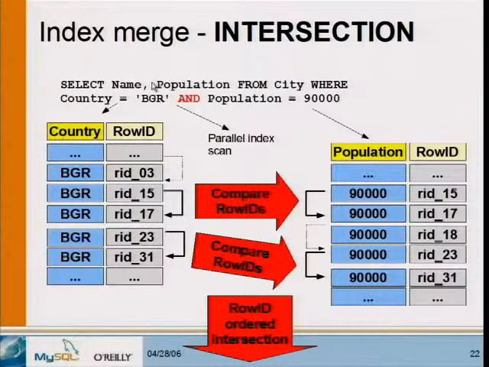We do this in parallel on both indexes, and on each step we can already return one complete row in the result. So this is fully pipelined, and there is no need for any intermediate storage.